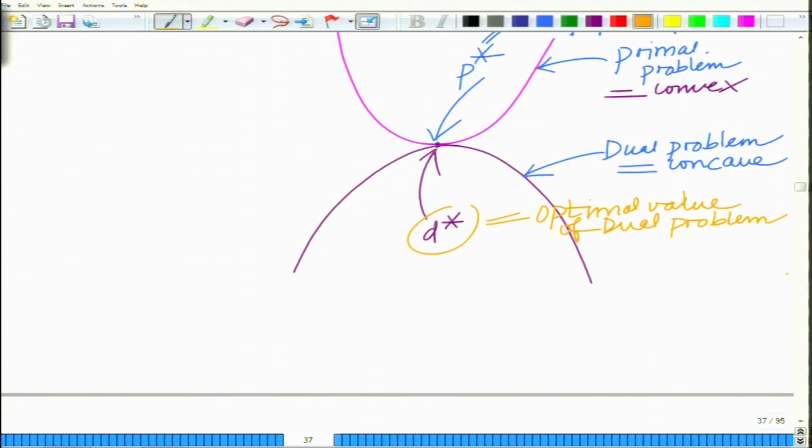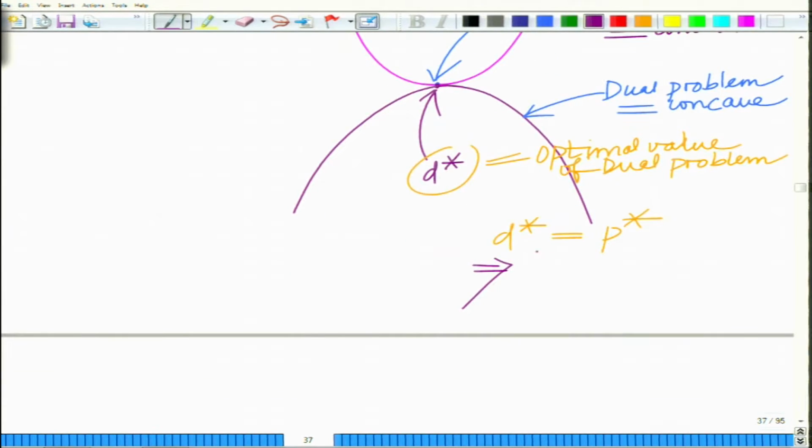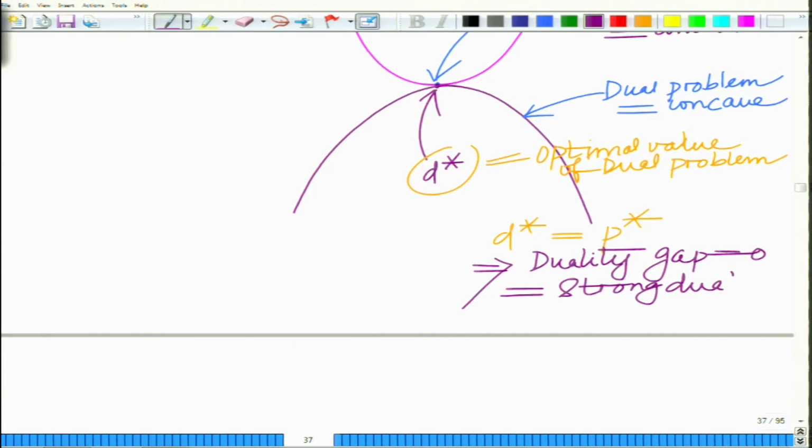And when p* equals d*, this implies that your duality gap is 0, which implies strong duality holds. When the duality gap is 0, strong duality holds for the problem, and this is typically true.